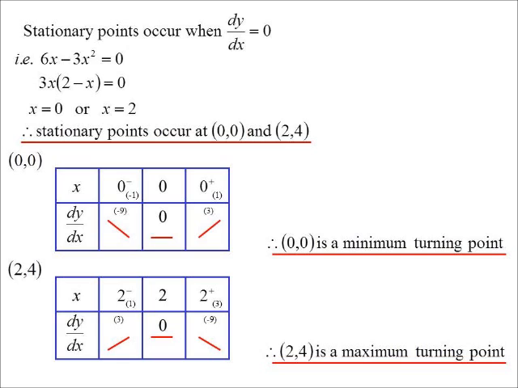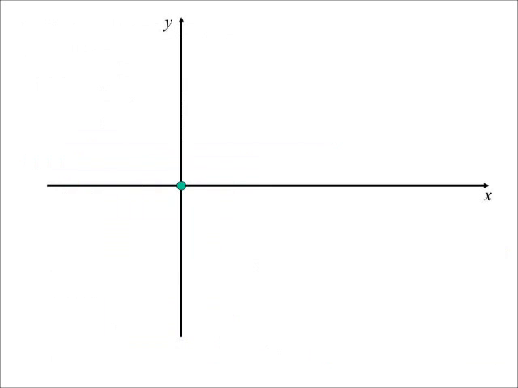All right, let's draw it. There's 0, 0 and up there is 2, 4. Now the diagram itself, because I know this is continuous, I should realise that 0, 0 is going to be the minimum, and 2, 4 is going to be the maximum. Now, if I had just done my working out, and I found 2, 4 to be a minimum, or 0, 0 to be a maximum, use your common sense, right?